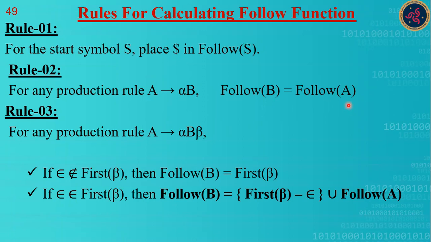Okay, the next rule is the main rule. Suppose your grammar has a production like A gives alpha B beta, where capital B is a non-terminal.